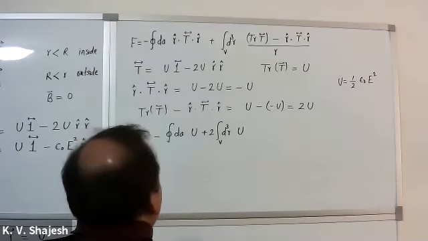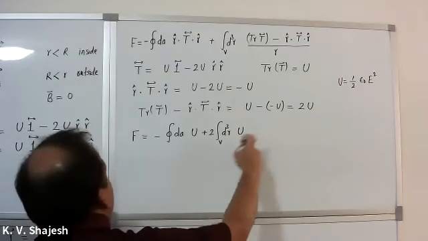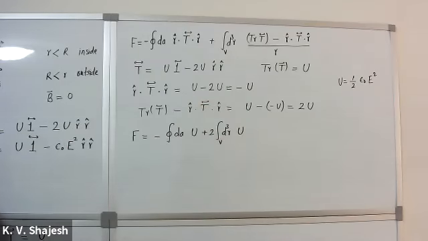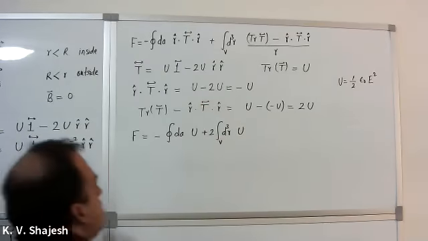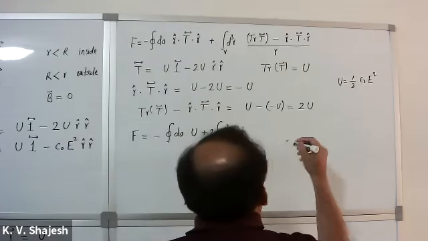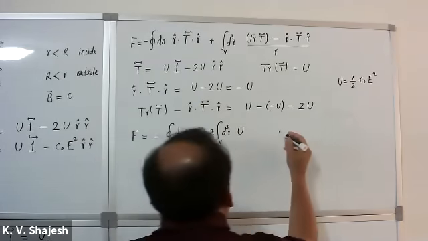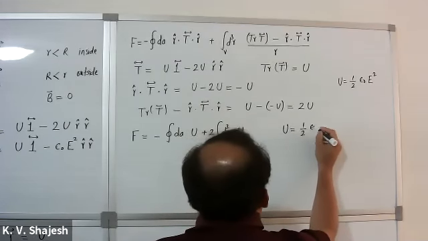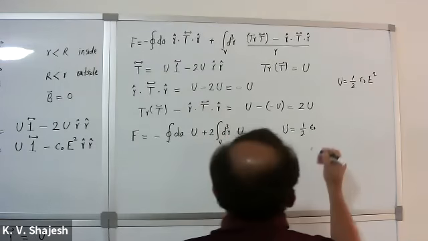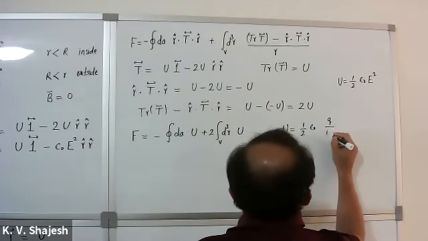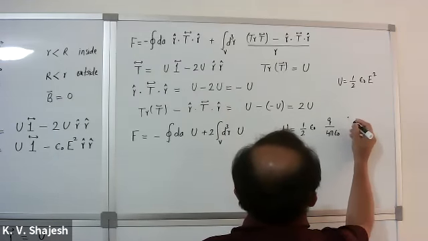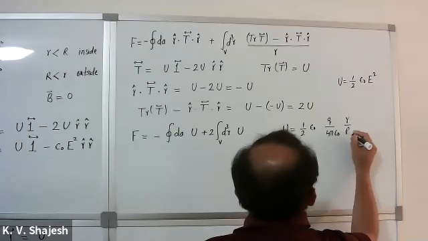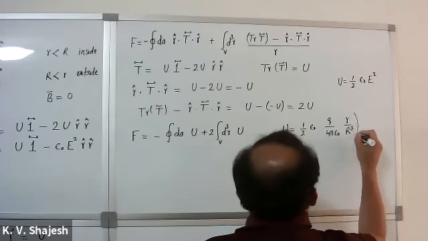So what is that for the sphere? We are interested only in the inside. Either we are doing the inside of the sphere volume or right on the surface, so it is sufficient to say what is the electric field inside the sphere. So u is equal to 1/2 epsilon naught times the electric field inside the sphere, which is Q over 4 pi epsilon naught times vector r over R cubed, squared.